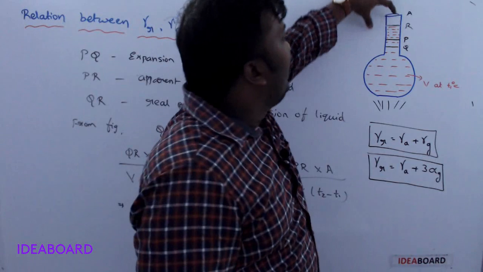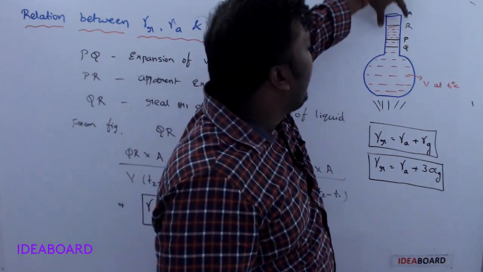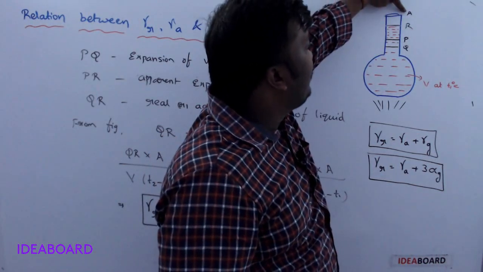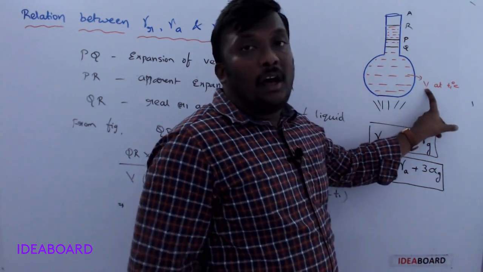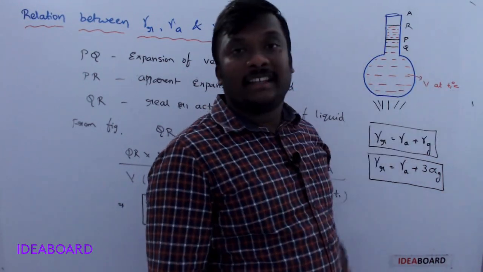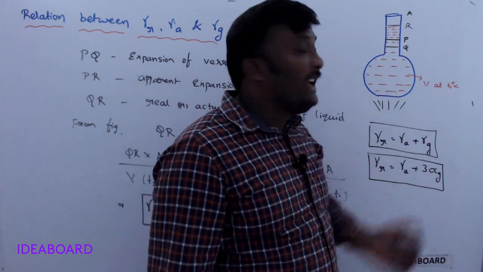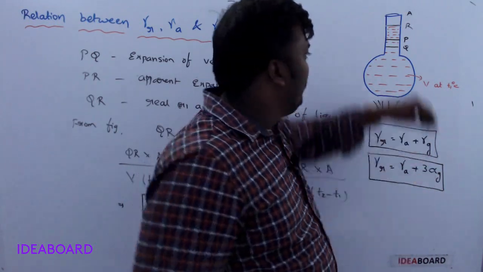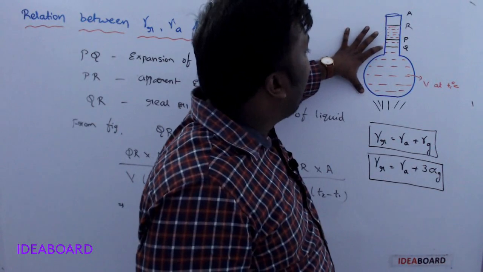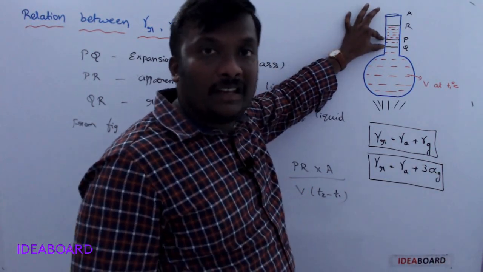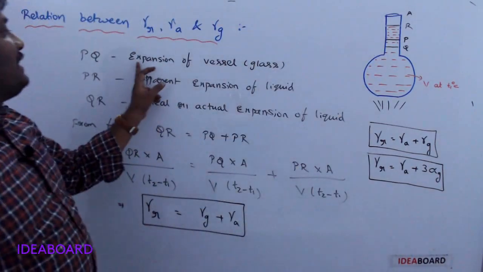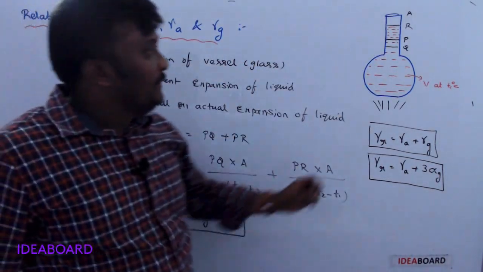Please observe one more time. Here I consider a long necked vessel of area of cross section A, filled with liquid up to the volume V at T1 degree Celsius. Now the temperature rises up to T2 degree Celsius. If you consider only the expansion of the vessel, the level of liquid will fall down. So PQ indicates expansion of vessel.